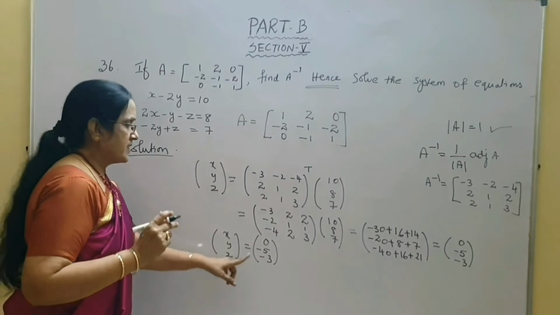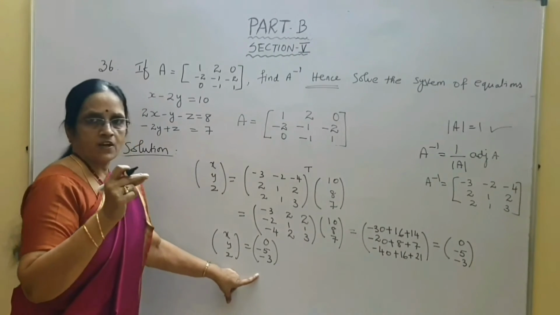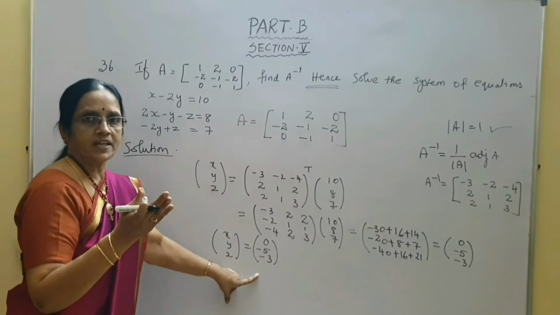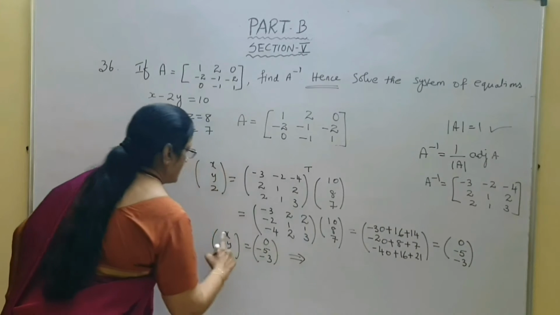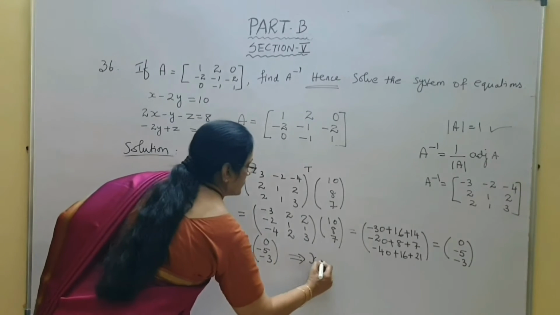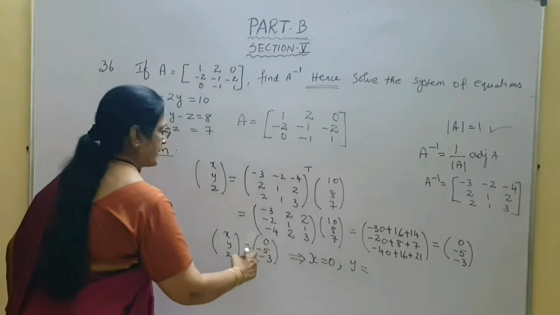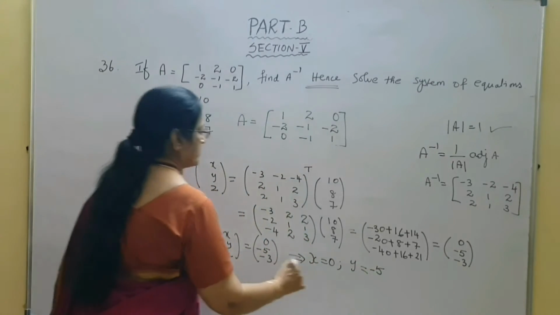Now, since these two matrices are equal, the corresponding elements are also equal. So, by equating the corresponding elements, we will be getting X is equal to 0, Y is equal to minus 5, Z equal to minus 3.